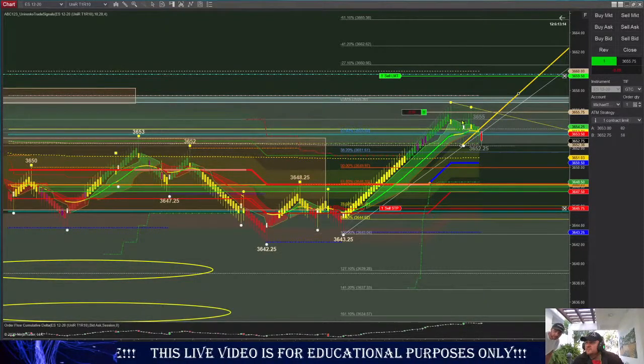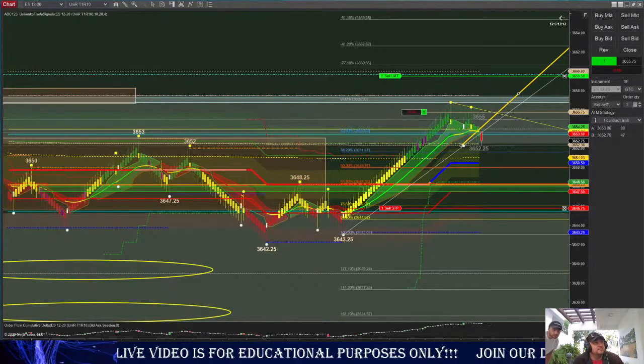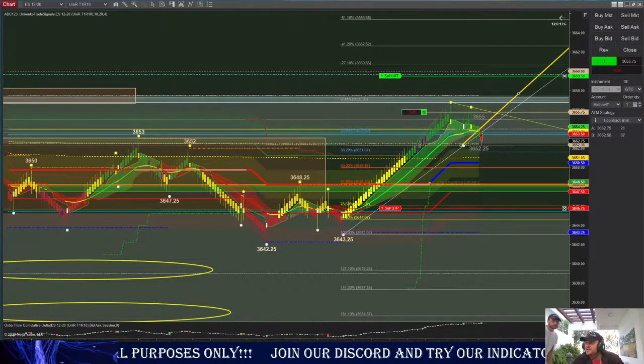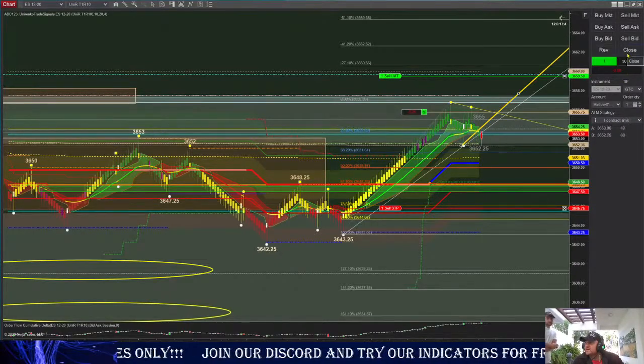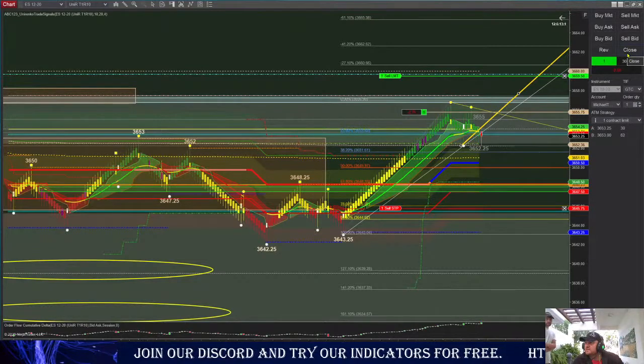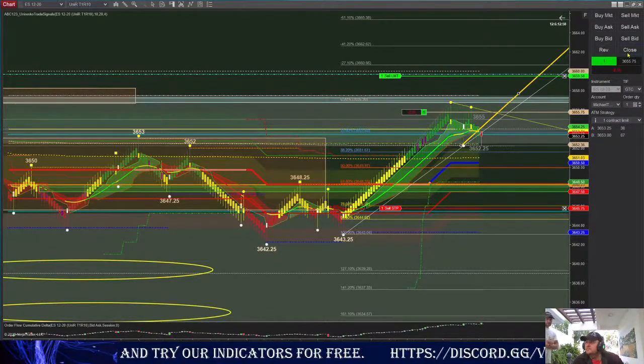Yeah, I might have to close this one. Let's see what this price action says right here. I wasn't paying attention when that got filled. I have to watch it.